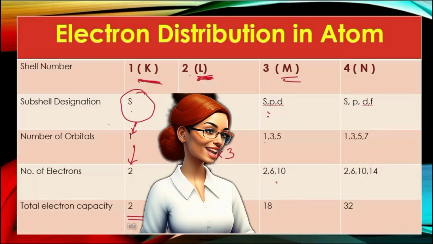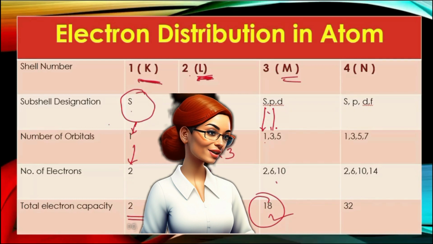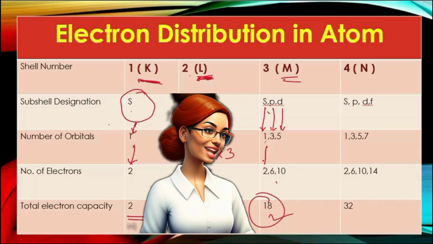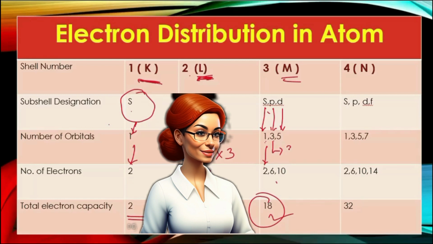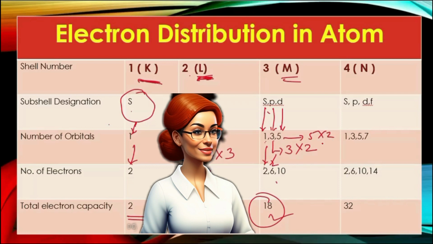The third orbit, energy level, is represented as the M shell and it can contain up to 18 electrons. The M shell has 3 subshells named S, P, and D. The S subshell has 1 orbital and it holds 2 electrons. The P subshell has 3 orbitals, each orbital has 2 electrons, thus P has a total of 6 electrons.